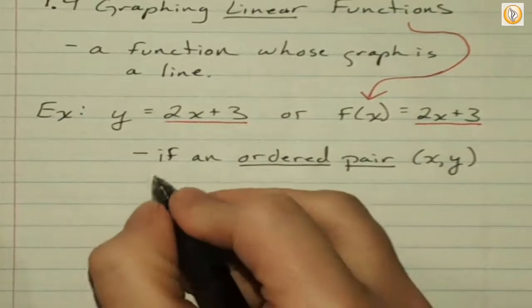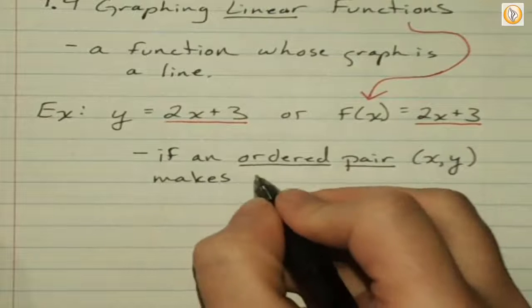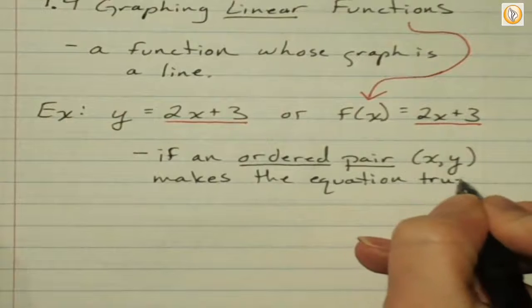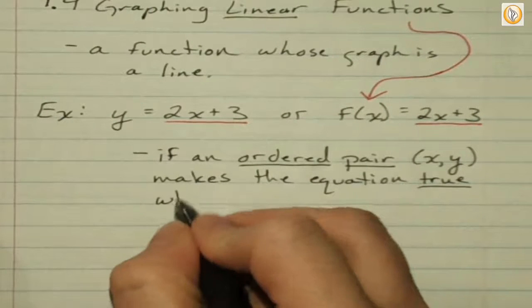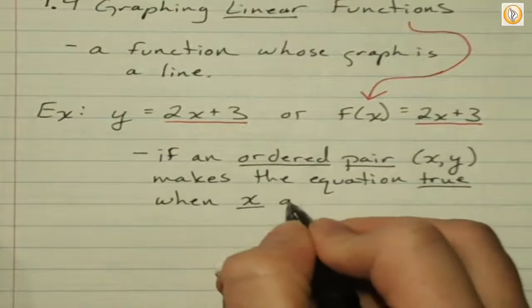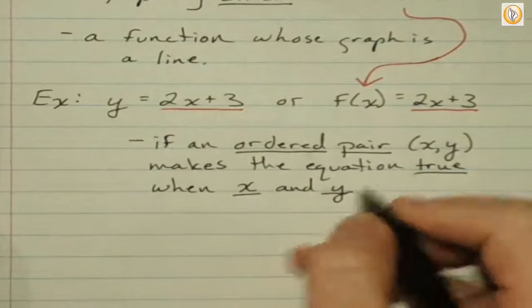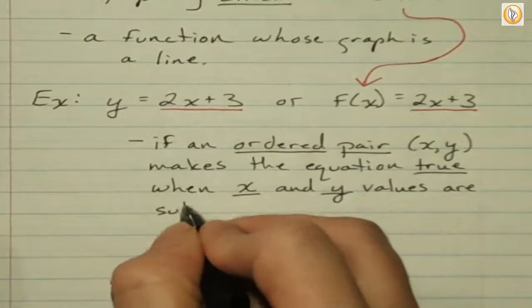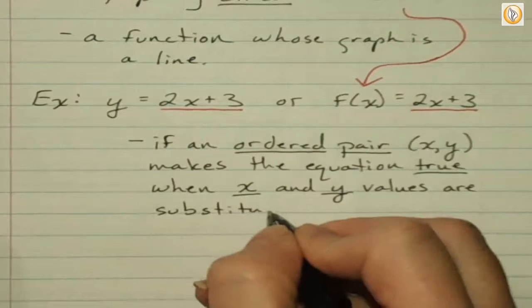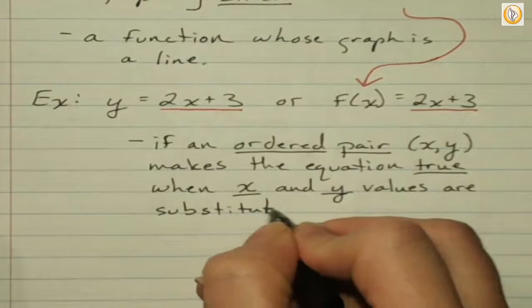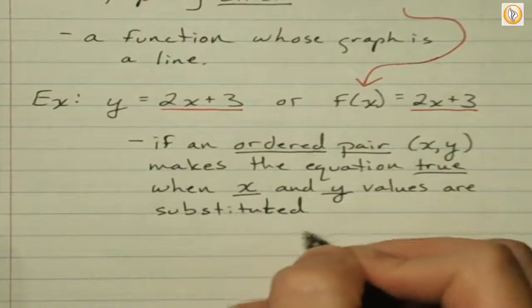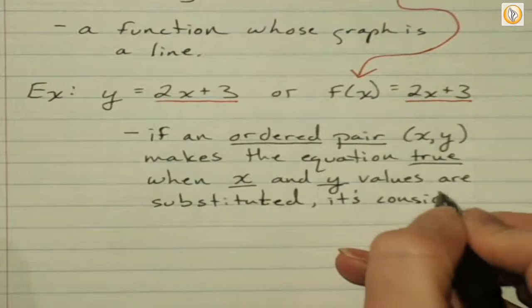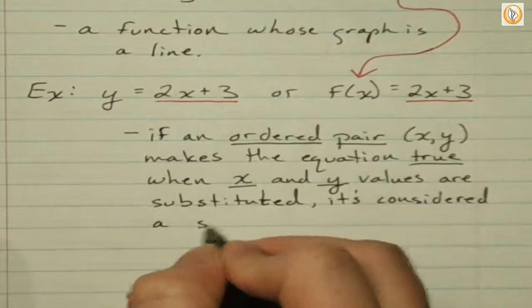If an ordered pair makes the equation true when x and y values are substituted, it's considered a solution.